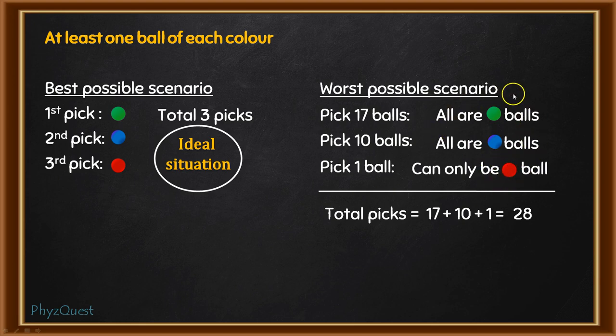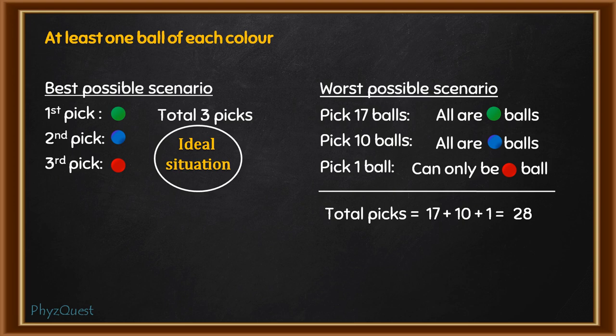But this is only in case of the worst possible scenario. It is a sure shot scenario which will definitely give at least one ball of each color. That is the question we are asked: the minimum number of balls we need to get at least one ball of each color.